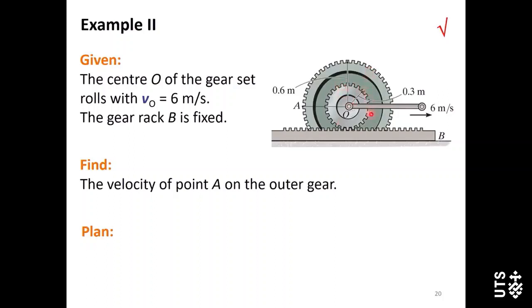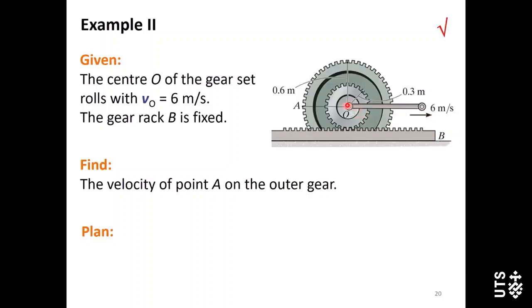And this small gear engages with the gear rack. Normally we think no slipping between a gear and a gear rack or two engaged gears. And here we already know the velocity at point O, it's 6 meters per second. And this velocity must be horizontal.